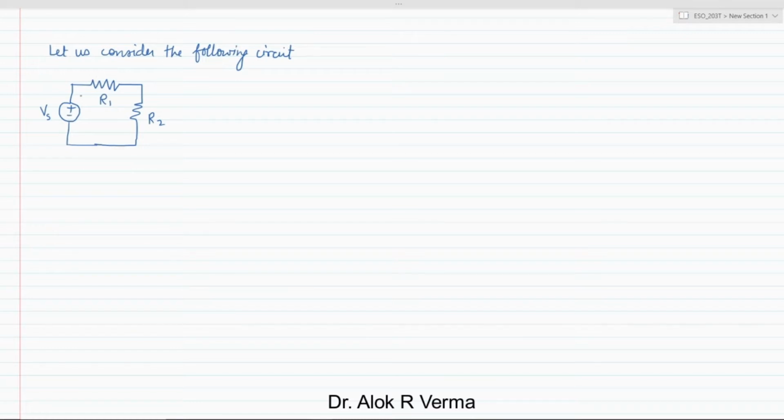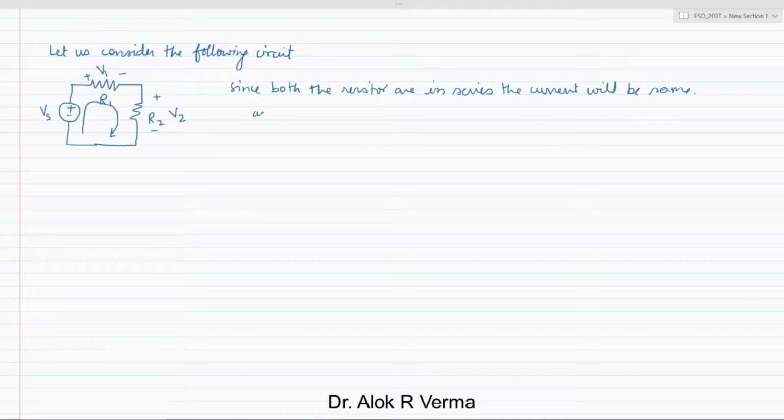We'll assume the voltage drop across R1 is V1 and the voltage drop across R2 is V2, assuming the direction of the current is this. Since both the resistors are in series, the current will be the same.